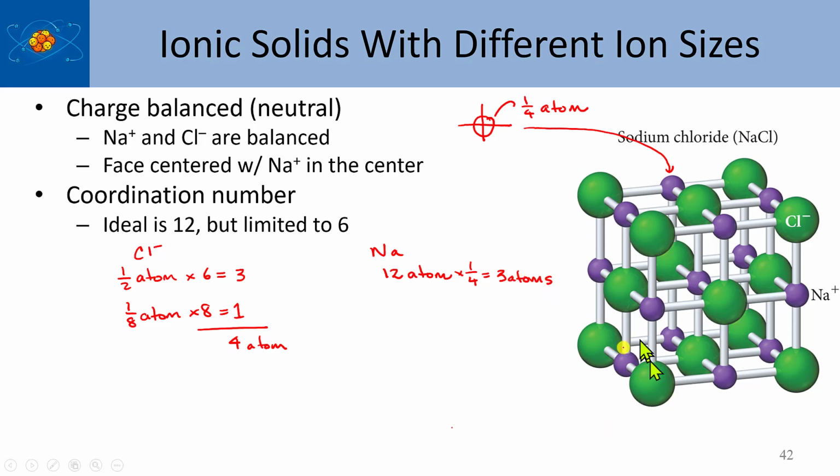And then the trick here is that we also have one dead center that's entirely in the unit cell. So it's like a body center again, arrangement, where you have one just sitting in the middle. So we have 1 atom in the center times 1. That's 1 atom. And that gives me 4 atoms in this unit cell for sodium chloride that have a positive charge.